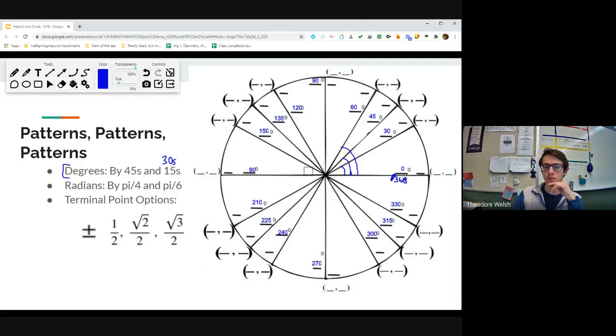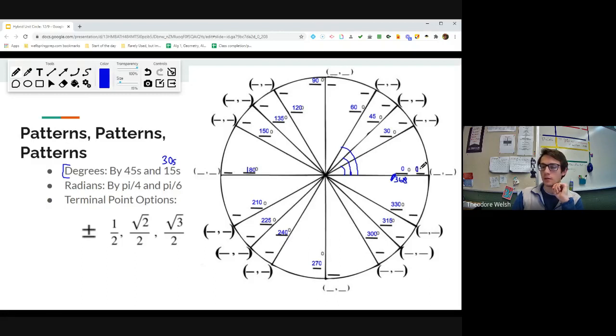So next, last one, we have our radians. The way that I start with my radians is I first think in terms of these axis angles.